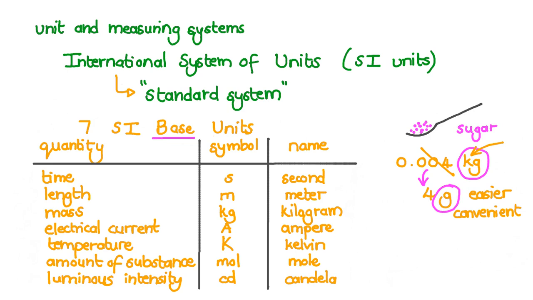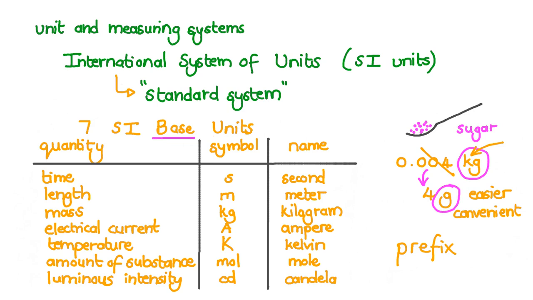The k in kilogram is called a prefix. Prefixes adjust or convert a unit to a multiple or submultiple. In other words, prefixes make a unit larger or smaller by factors of 10. And this is much more convenient.